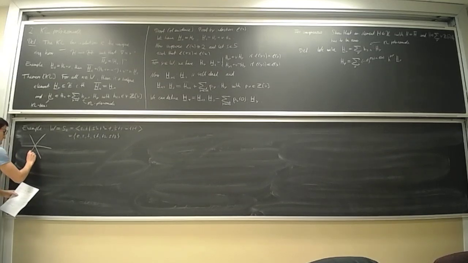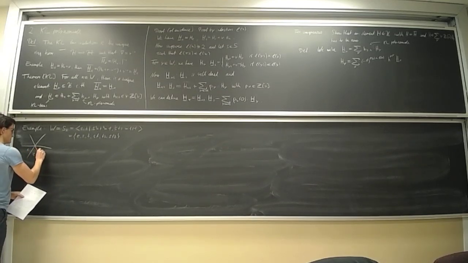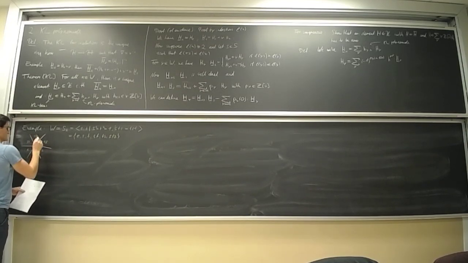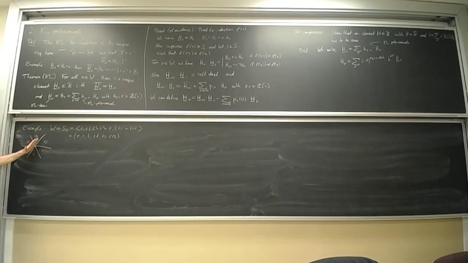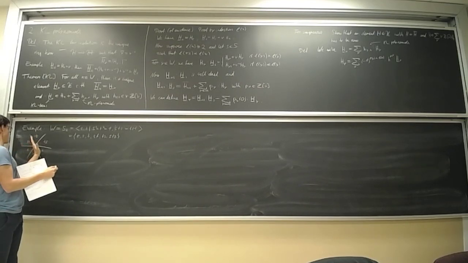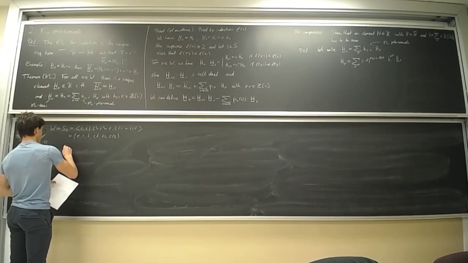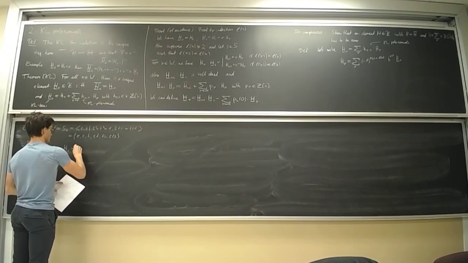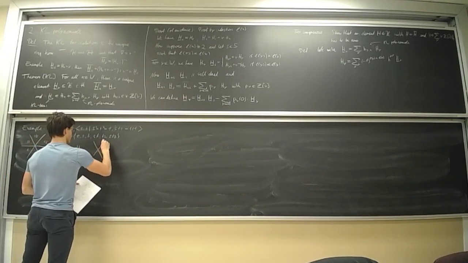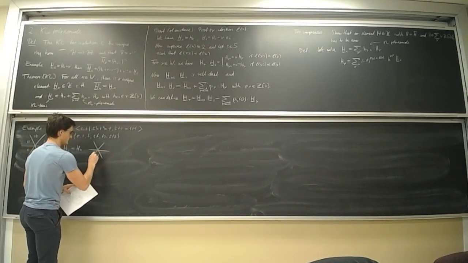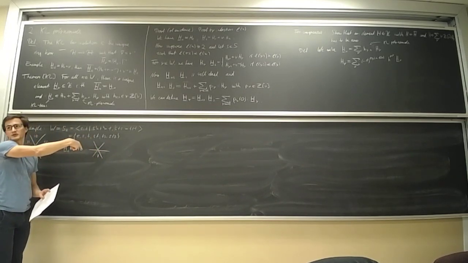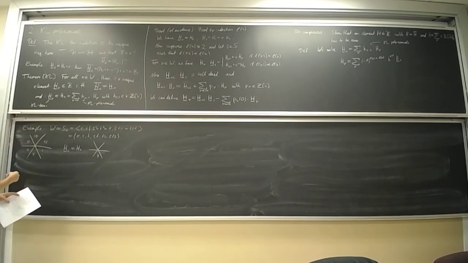So we can label them e, s, t, st, ts, sts, and then s acts by reflection through this line, t acts by reflection through this line, and if you start from e, you can walk your way up to the highest chamber. Now what we already know is that H underline e is equal to H_e, so we draw this in a picture as saying we have coefficient 1 down here, and coefficient 0 in all the other cells.